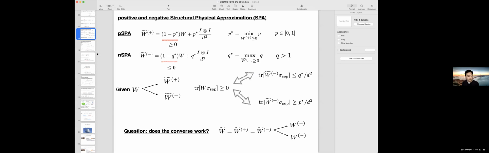Now I'm doing it the other way around. So here, given witnesses, I generated 2 positive operators. Now what I'm doing is that, given a positive operator, I may derive 2 entanglement witnesses. So how can I proceed?